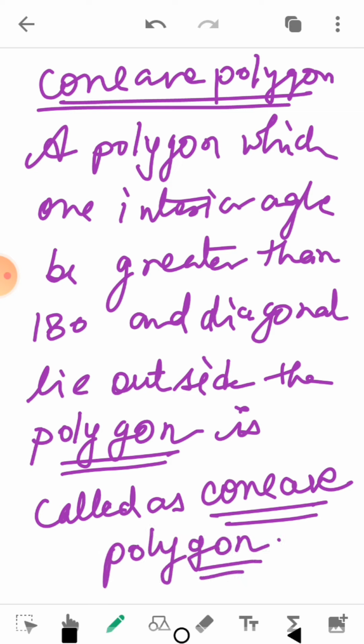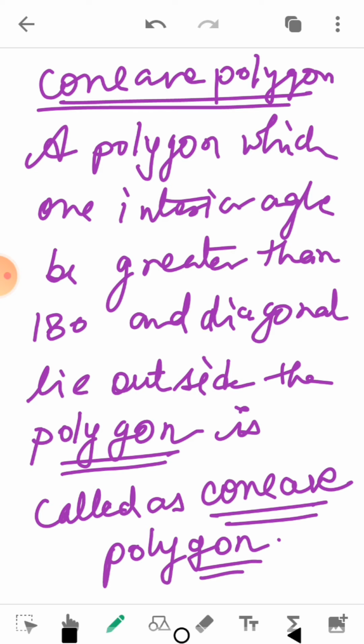Okay, that means the second type of polygon is a concave polygon, in which one interior angle is greater than 180 degrees and at least one diagonal lies outside the polygon, and that's why this polygon is known as the concave polygon.